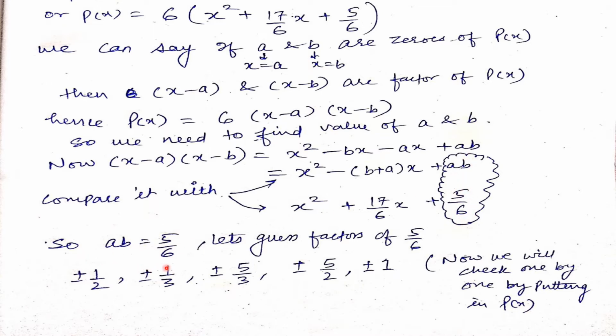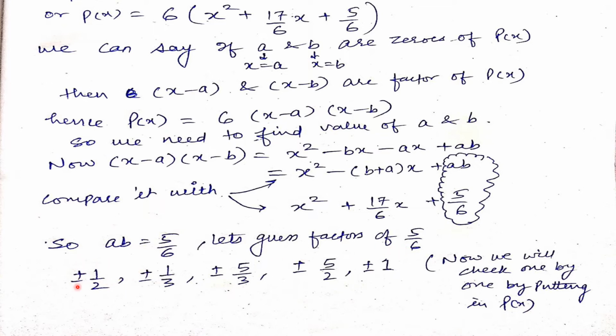So taking them equal, now we will guess factors of 5/6. That means those numbers that can divide 5/6. Let's start. First factor I have taken as ±1/2. Now you must be thinking, why ±1/2? Very easy. If you multiply this number 5/3, if you do 1/2 into 5/3, you will get 5/6.